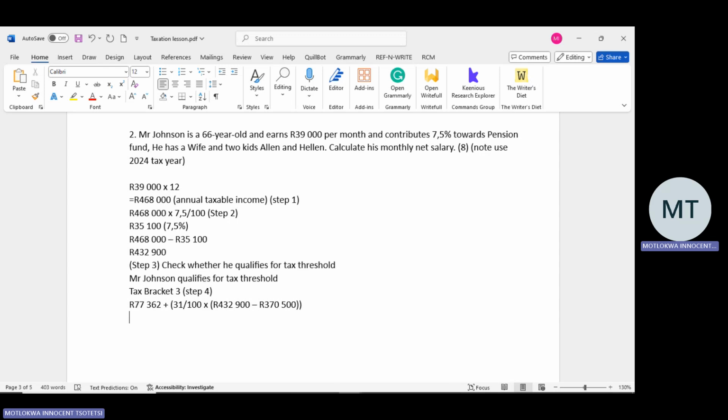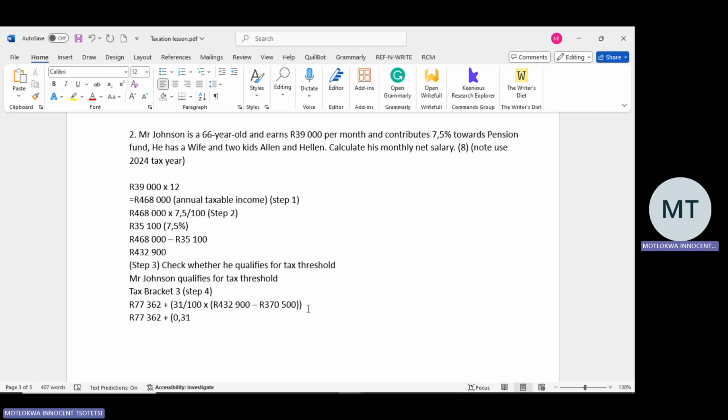Then we are also going to use the method of bringing down. So we bring down 77,362 plus, then now we solve the brackets. So we say 31% divided by 100, which gives us 0.31.